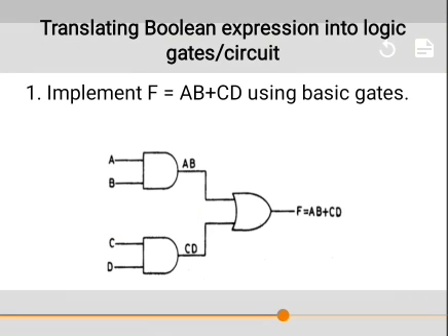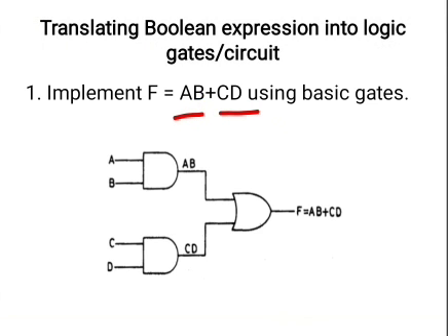And these two terms AB plus CD are added. These two are added. That means plus. So plus means you must use the OR gate. That means addition operation, so you must use the OR gate. So what is the input of the OR gate? AB is the first input, CD is the second input.